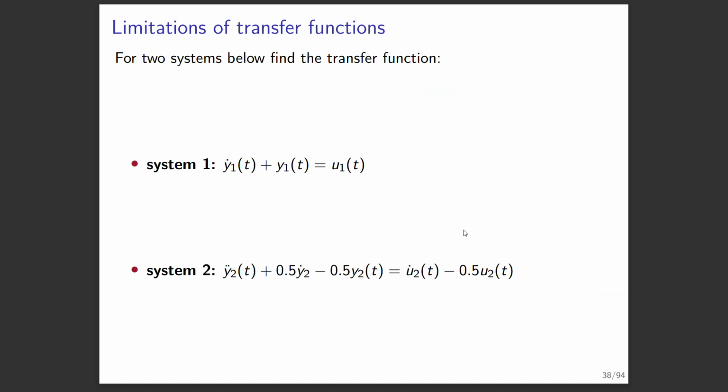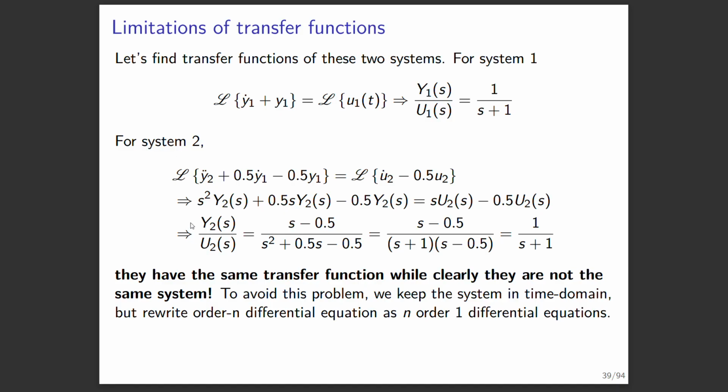How about system 2? If I want to write the transfer function for system 2, well, similarly, I take Laplace transform of both sides. I'm going to have s squared Y2 plus 0.5s Y2 minus 0.5 Y2, and here, this is Y2 and this is Y2, it's a typo. And then I have s times U2 minus 0.5 U2.